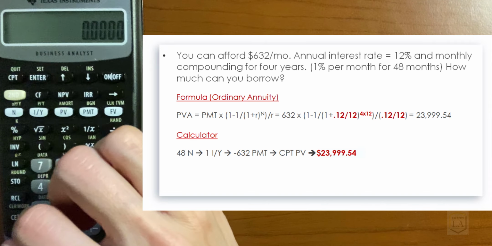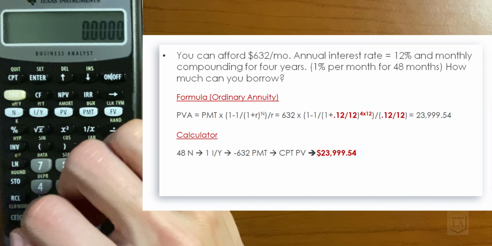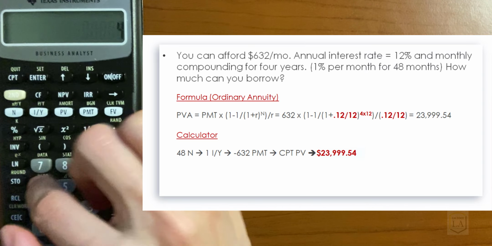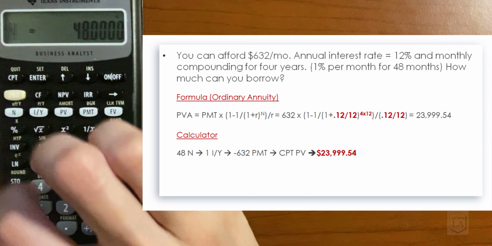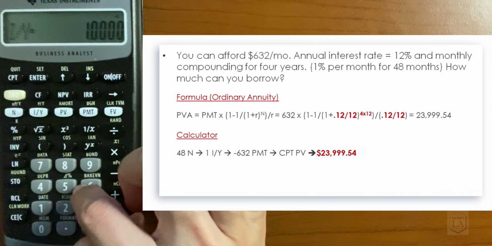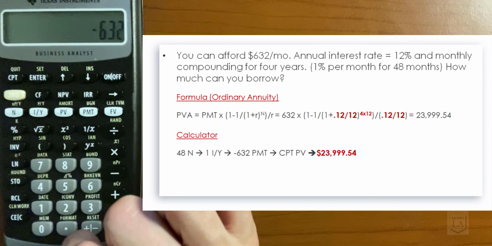The number of periods would not be just 4 years, but 4 years times the number of months, so 48 months as your number of periods. The annual rate was 12%, but the monthly rate would be 12 divided by 12, which is 1 as your interest rate. The payment amount was 632 negative, since it's being paid out.